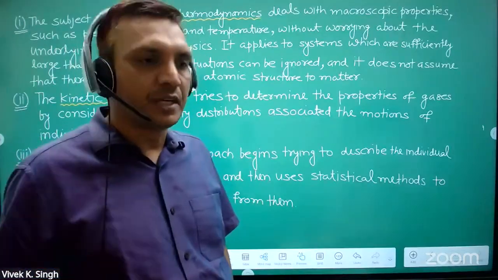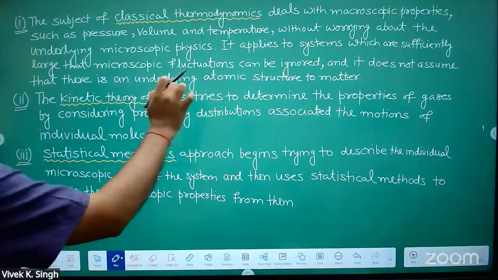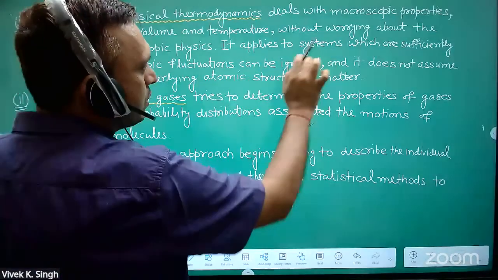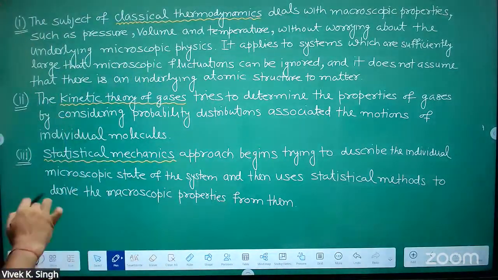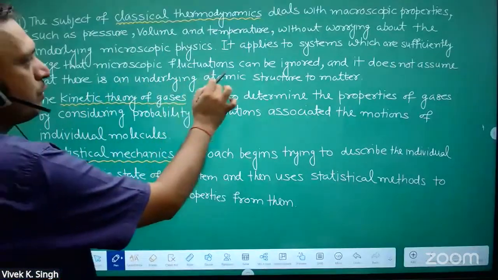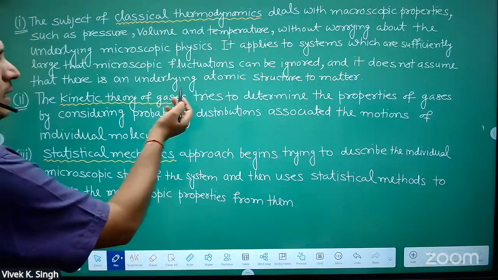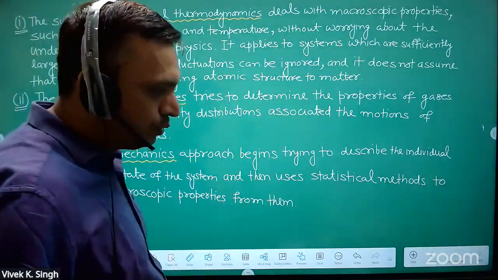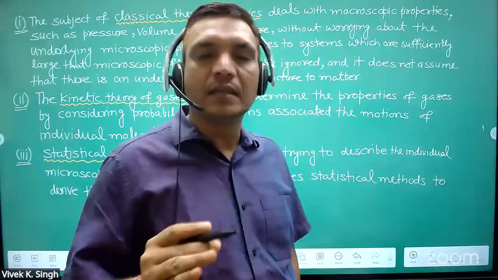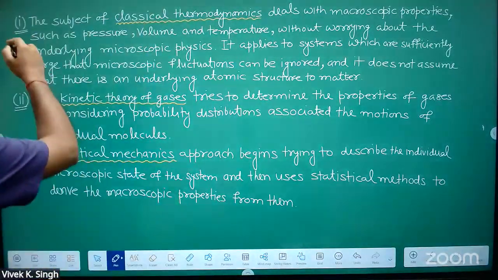That's why it applies to systems which are sufficiently large that microscopic fluctuations can be ignored, and it does not assume that there is an underlying atomic structure to matter. So this is the classical thermodynamics approach. Is it clear?